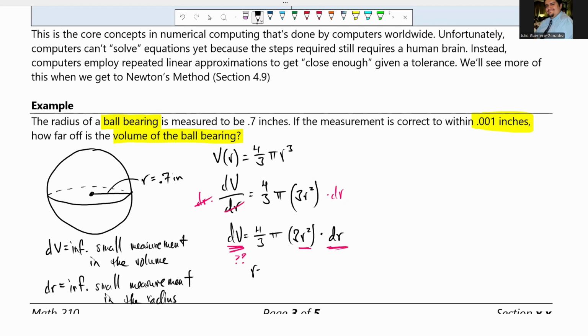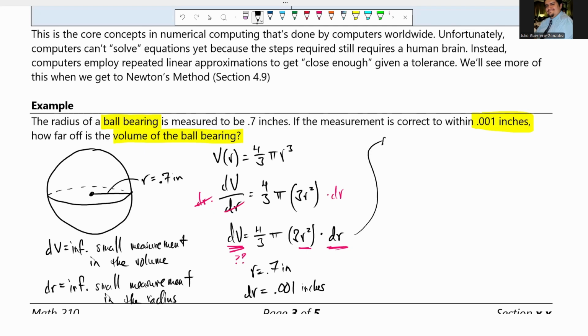My r is going to be the 0.7 inches. My dr is going to be the 0.001 inches that I think is where I'm off.